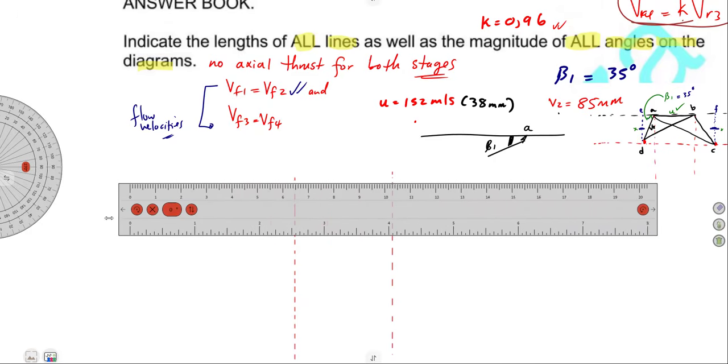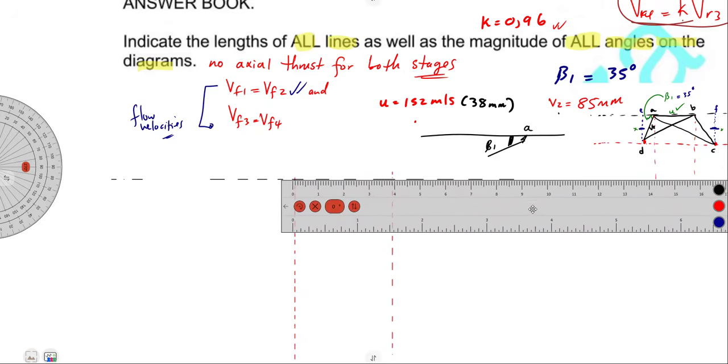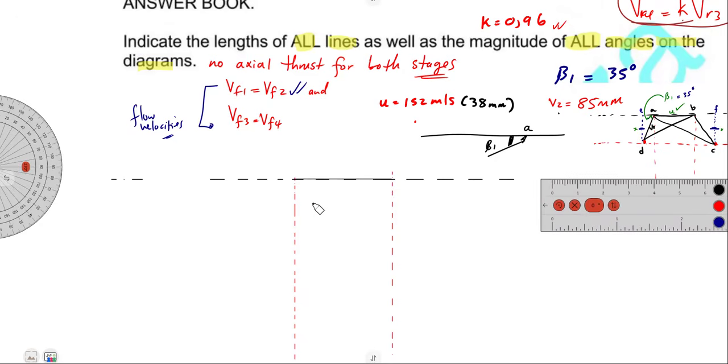All right, so let's see. I'm just going to have this one like this. Then join that one from here to here, the 38. I need to join it properly like this. So that's my AB. I'm on the first diagram now.